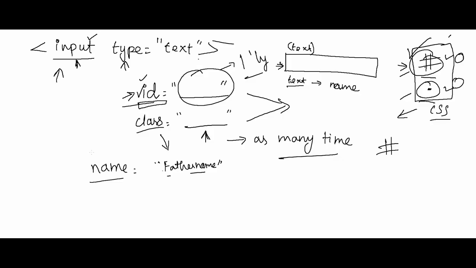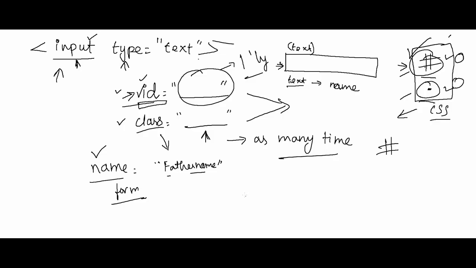This name can be given for all elements, and we can also use the name attribute for a form. We can use ID and class also for a form, along with the attributes we have seen for form.